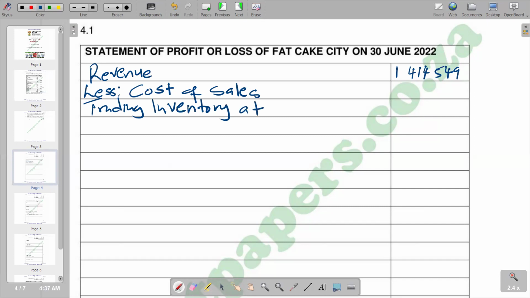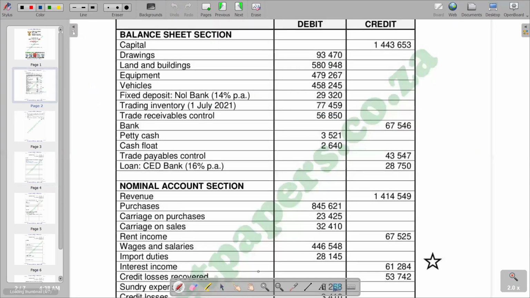We see that our year is ending 30 June 2022, so it means at the beginning of the period, it was 1 July 2021. So this is the figure that we have for opening inventory, 77,459. And then obviously, next we are supposed to identify our purchases figure.